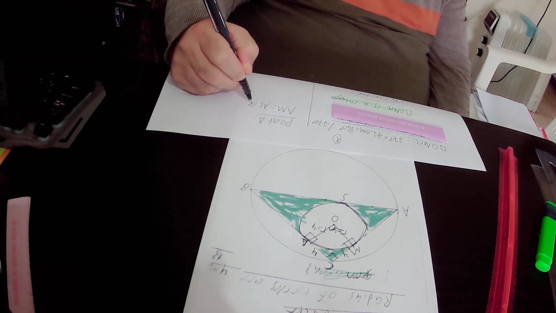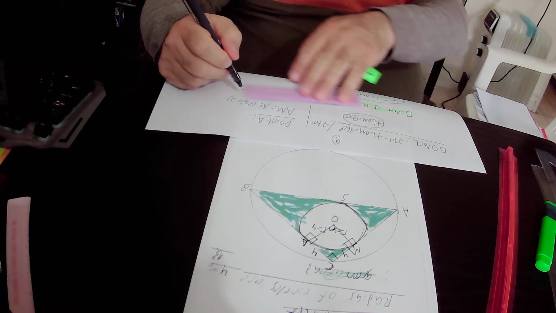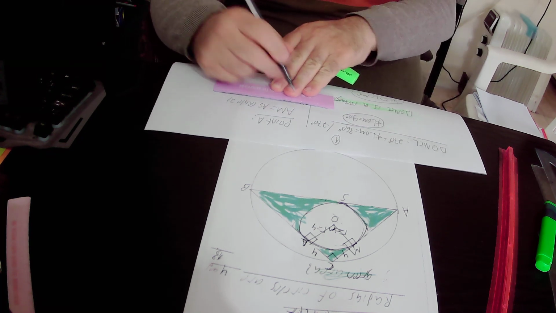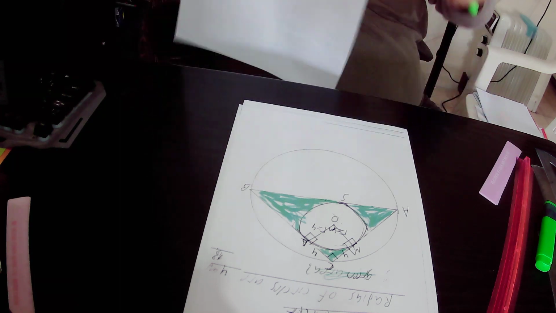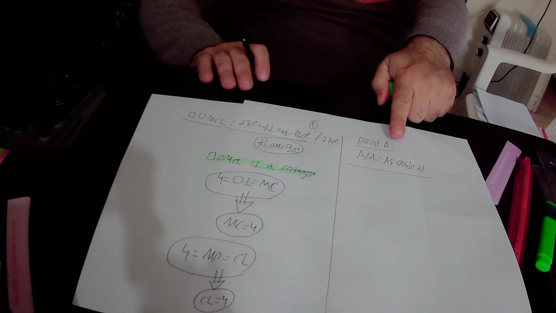And according to rule number 2, the lengths of those two tangents must be equal to each other. So AM must be equal to AS according to rule number 2.